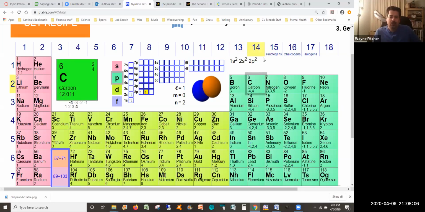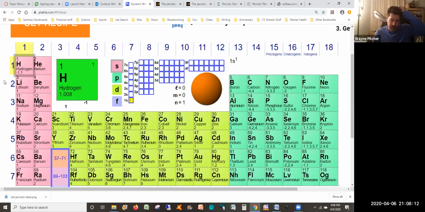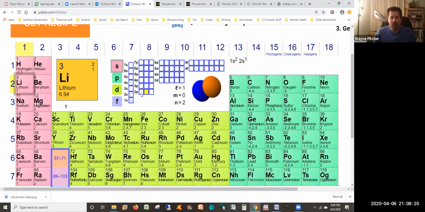All right, so you can go along filling up electrons in your elements in the periodic table. And you could recreate the periodic table if you remember how to fill up your electrons. So, I do 1s, and 2s, and 2p, then 3s, then 3p.